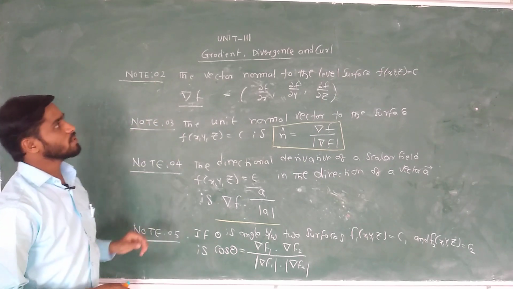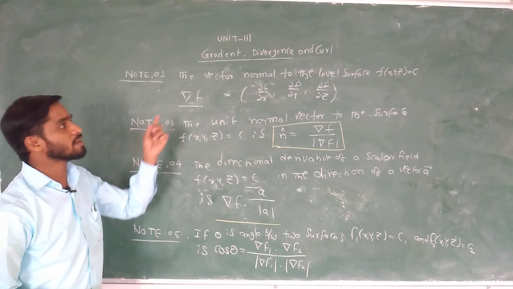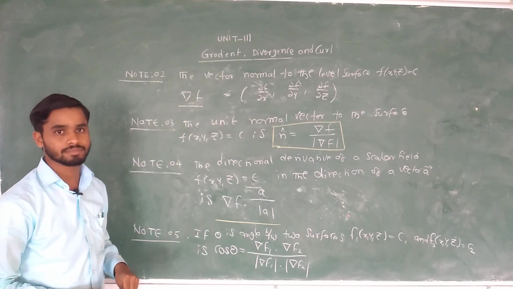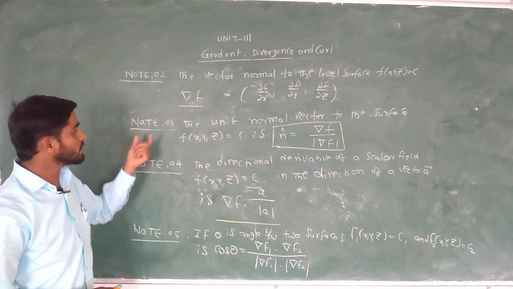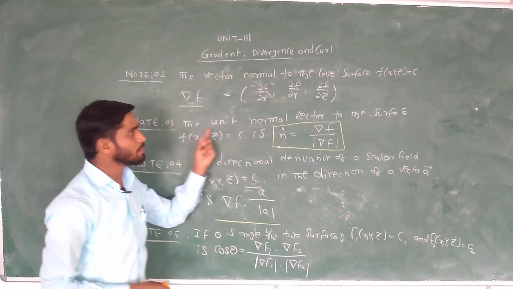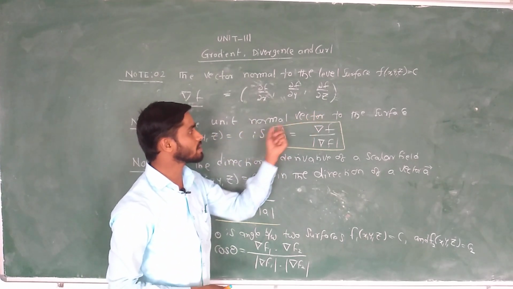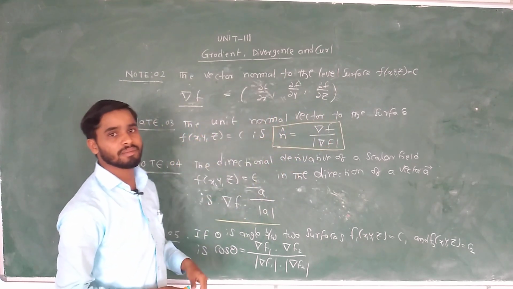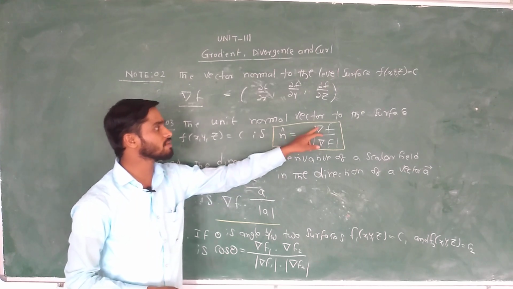Notice number 2 is for the vector normal to the surface. Simply compute the gradient of f. And notice number 3, the unit normal vector to the surface f of x, y, z is n cap is equal to del f by mod del f.